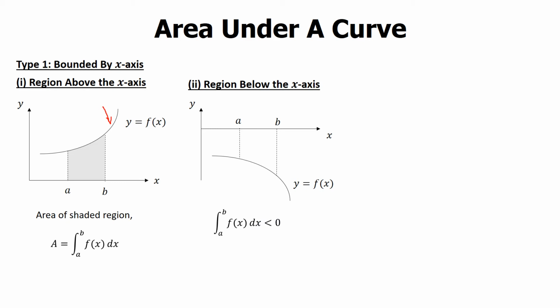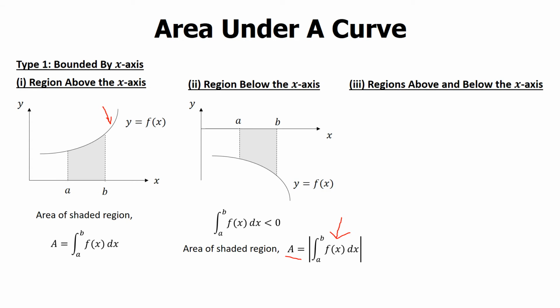If it is under the x-axis, when we integrate from a to b of f(x) dx, we get a negative value. Therefore, to find the area of this shaded region, which is bounded by the x-axis and the curve, the area will be A equals modulus of integration from a to b of f(x) dx, because we will get a negative value, but the area should always be positive.